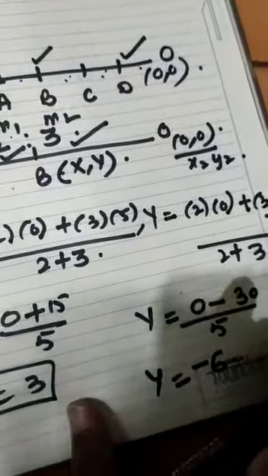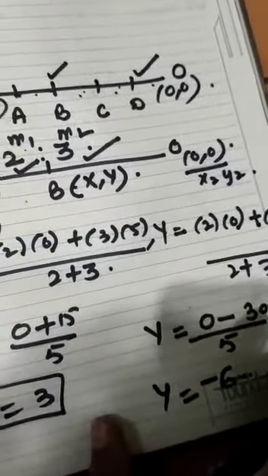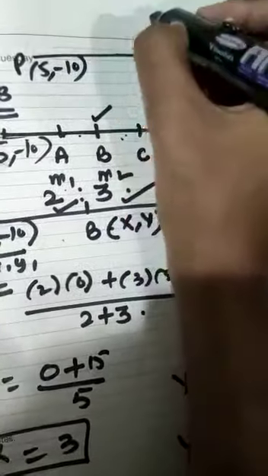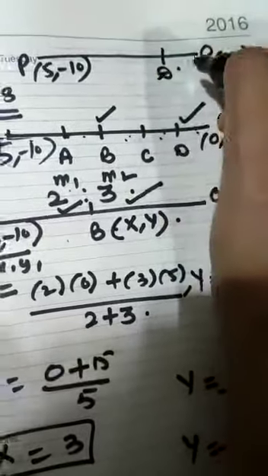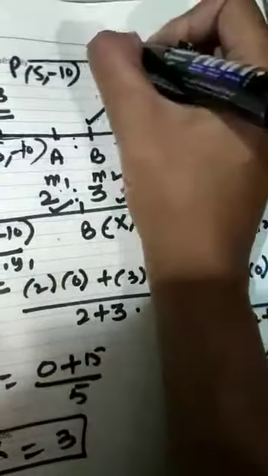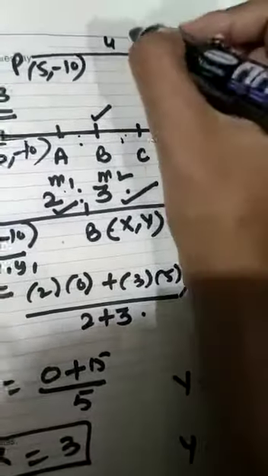Similarly, in this way we can find the coordinates of D also. Now look, P is given as (5, -10), O is given as (0, 0), and we can find D. Now D is here. Here 1, 2, 3, 4 parts are there, and after this 1 part is there.